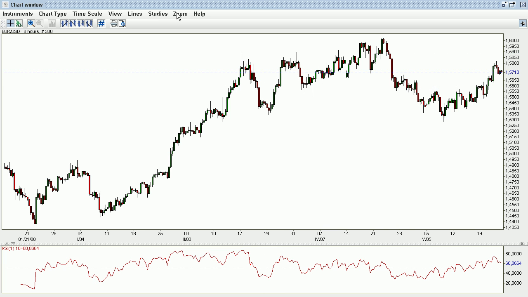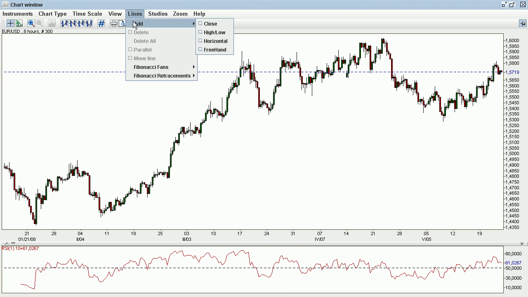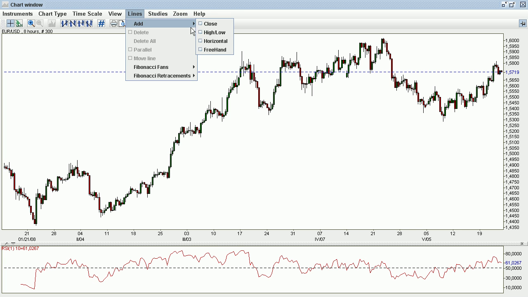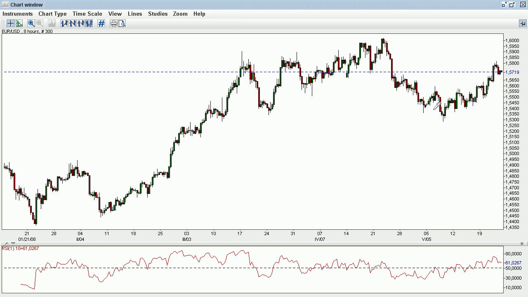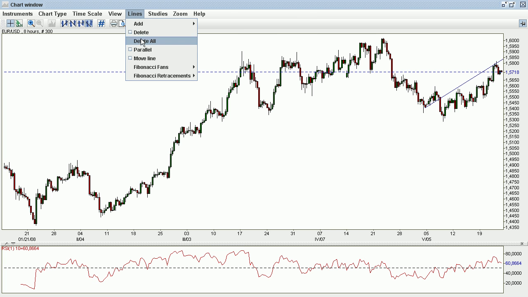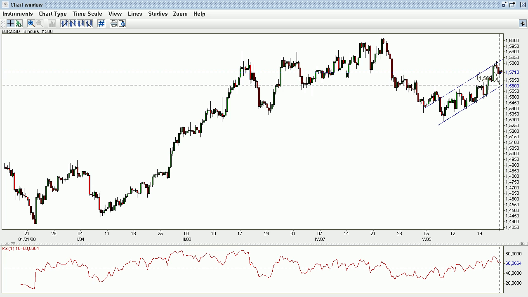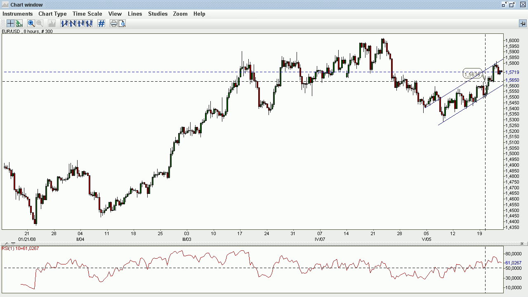The relative strength indicator is trading on the level of 60, but it is starting to curve down, which is again a bearish signal. Another thing which makes me think that we might see more selling pressure today is that this channel could be completed, and the price could drop back to this level of 1.5600.